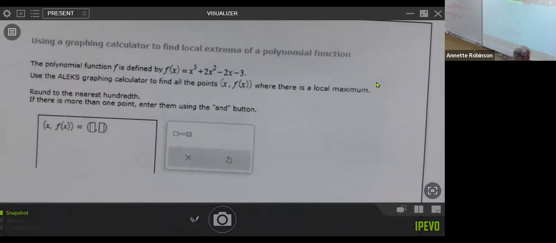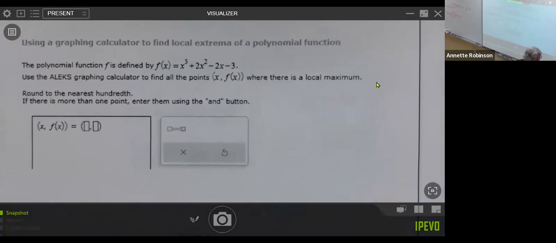Using a graphing calculator to find local extrema of a polynomial function. You need something. Guess what it says you gotta have? I have a calculator. This is not paper and pencil. The polynomial function f is defined by f of x equals x cubed plus 2x squared minus 2x minus 3.